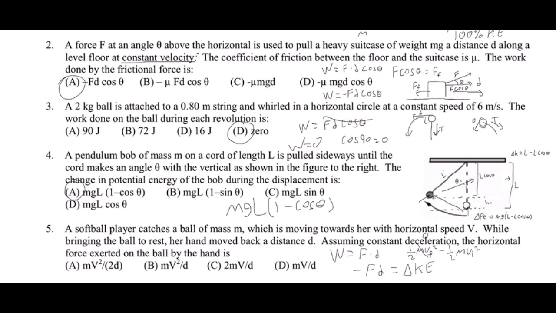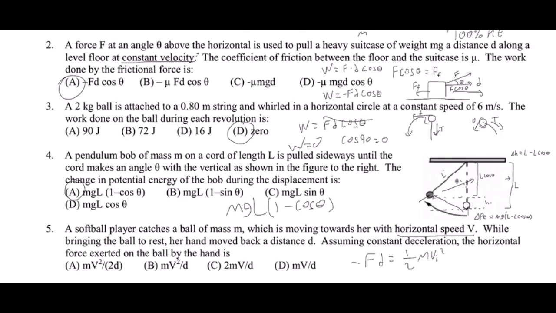We have negative Fd equals 1/2 mv initial squared. Note that the horizontal speed over here is the same as v initial. I just didn't mark it. I just put the initial.